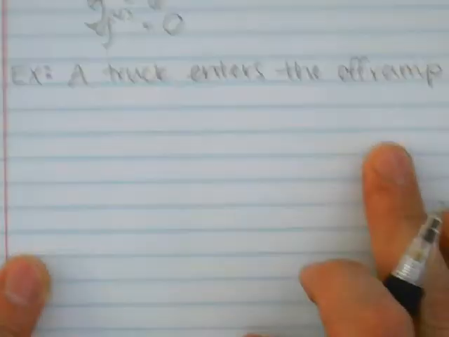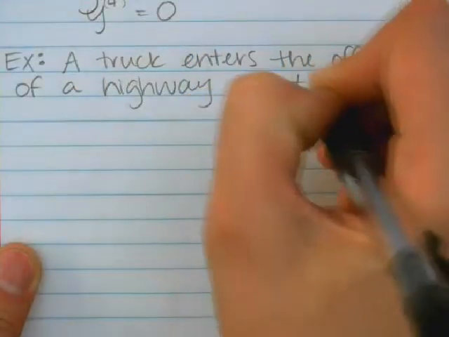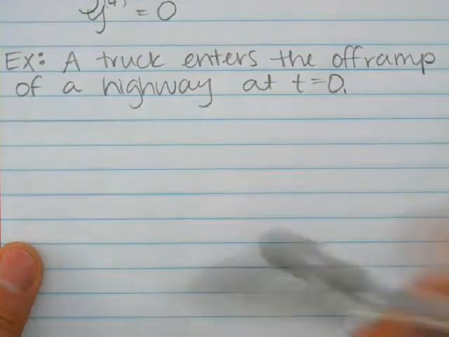All right, a truck enters the off-ramp of a highway at time equals 0. So we're starting the situation when a truck is getting off the highway.